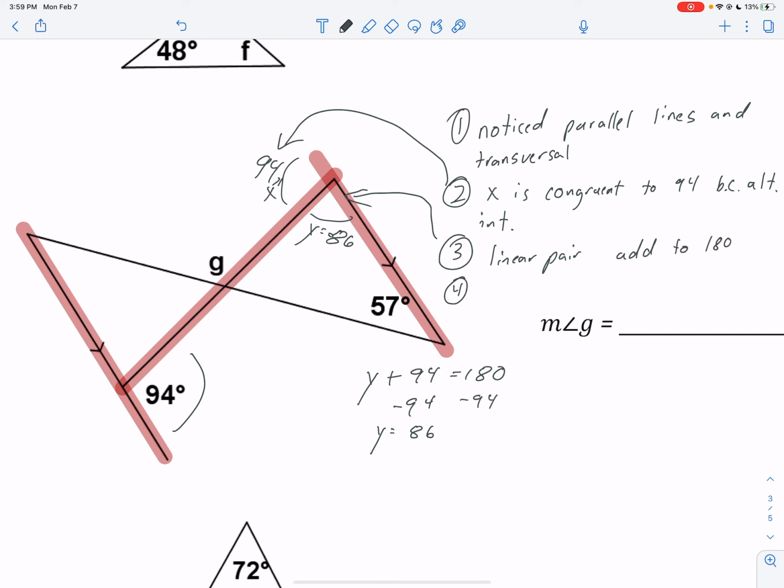And then for sum of angles in a triangle, interior angles in a triangle equal 180. So I can take that 86 plus 57, and that's going to be equal. Oh, and this one I'm going to call Z. Z plus all that. So those three angles of that triangle should be equal to 180. So Z plus 86 plus 57. 80 plus 50 is 130, plus 13 is 143.